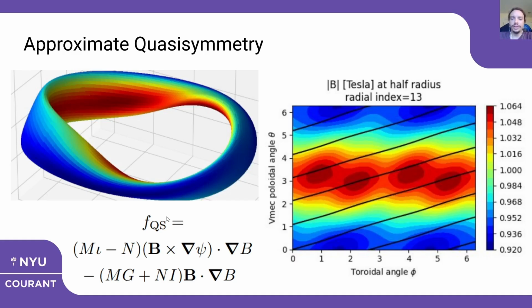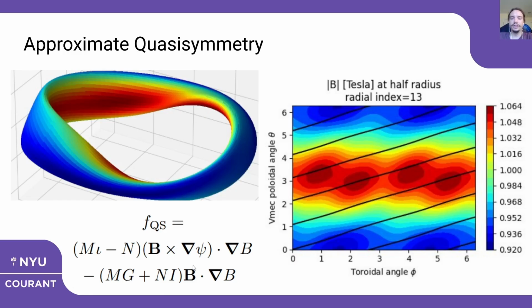Okay, so we have our geometric definition of quasi-symmetry, but we need something that we can compute and plug into a computer to understand better what's going on. This formula down here is a big nasty formula, but it's not hard for a computer to actually calculate. So F_QS here, if your stellarator is perfectly quasi-symmetric, this guy will be 0. All of these variables are just variables about the plasma.